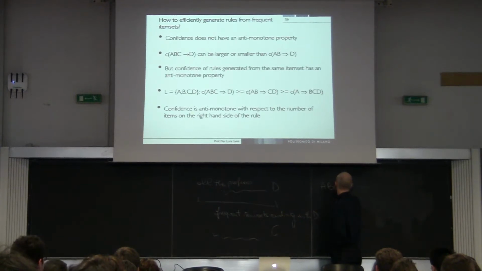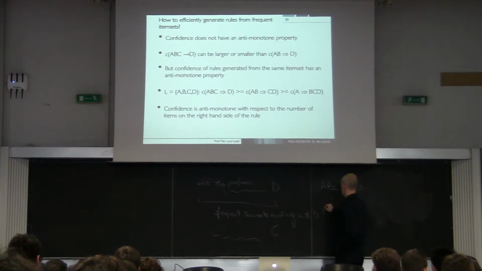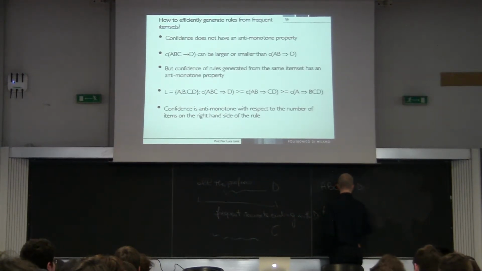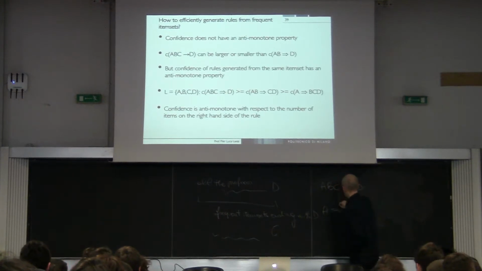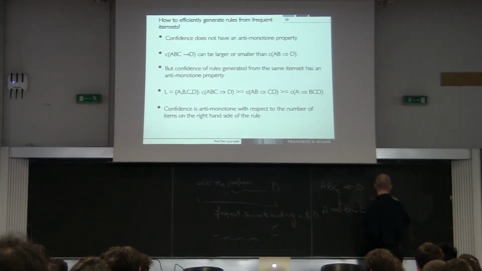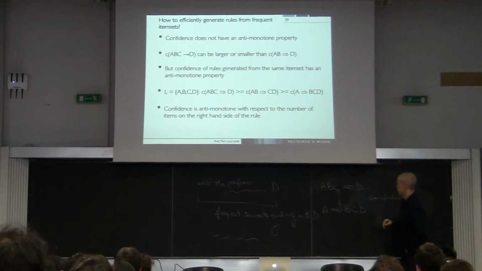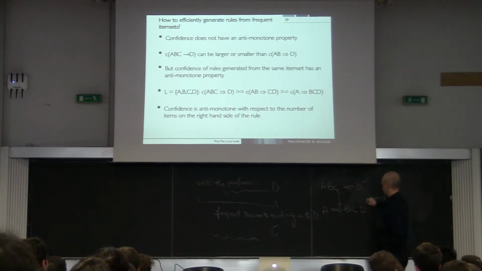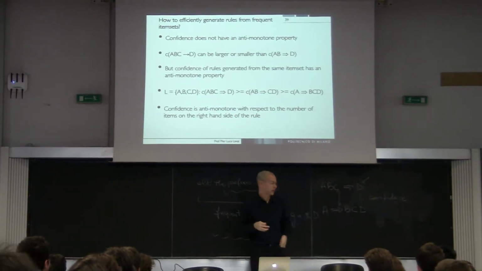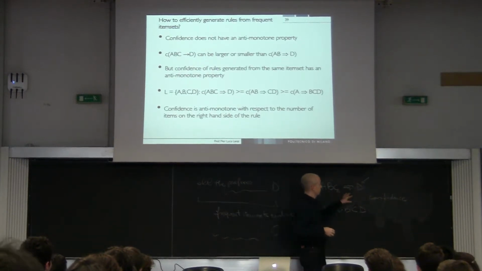But if I consider this rule and I consider this rule, and I compare the confidence of this, I can note that the confidence of this is higher than the confidence of this. Okay, to put it in a very simple way, it's easier to predict one item than more items together, right?